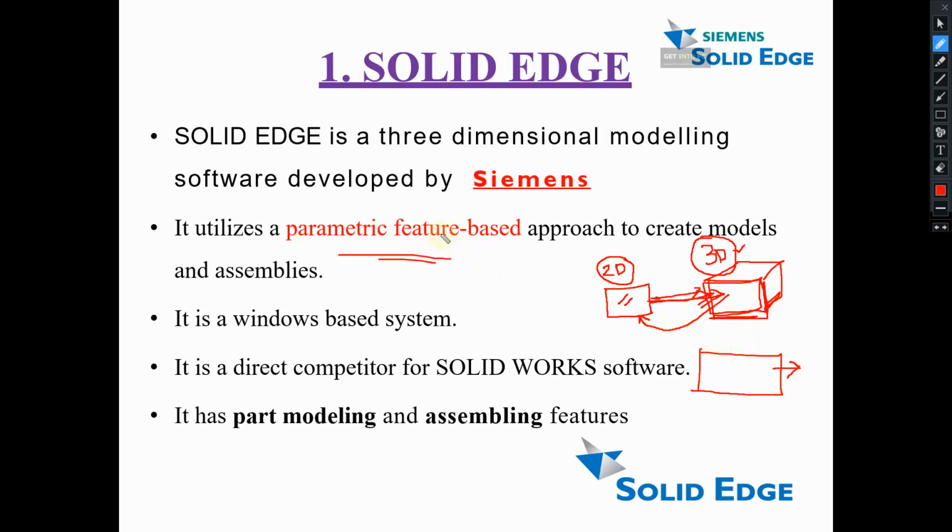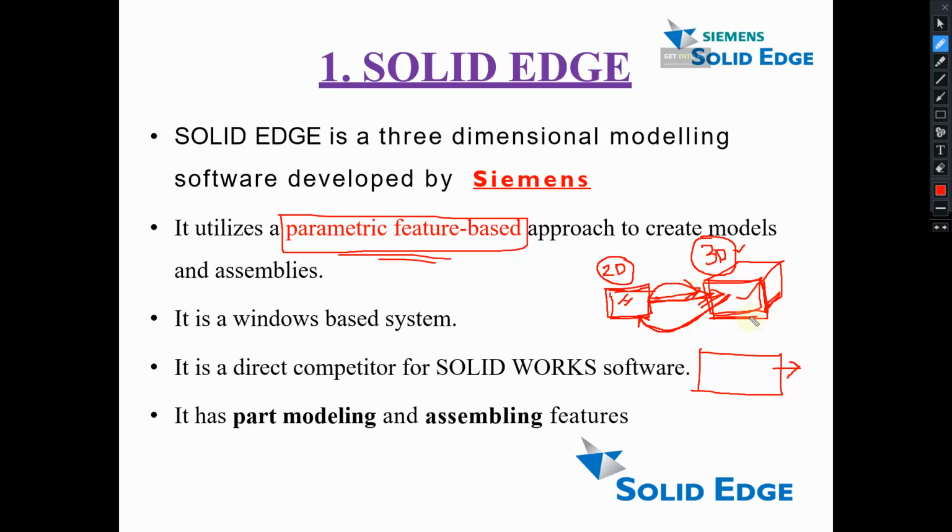But instead of that, they have introduced a parametric feature-based approach, which means once you create a three-dimensional geometry, and if you want any changes in the dimensions of this three-dimensional geometry, you can easily access the sketch of that 3D model in 2D, make changes in this 2D geometry, and finalize it so that automatically those changes will be reflected in the three-dimensional model.